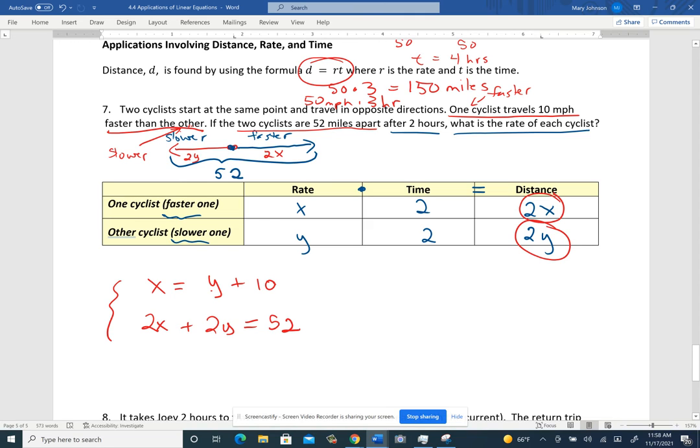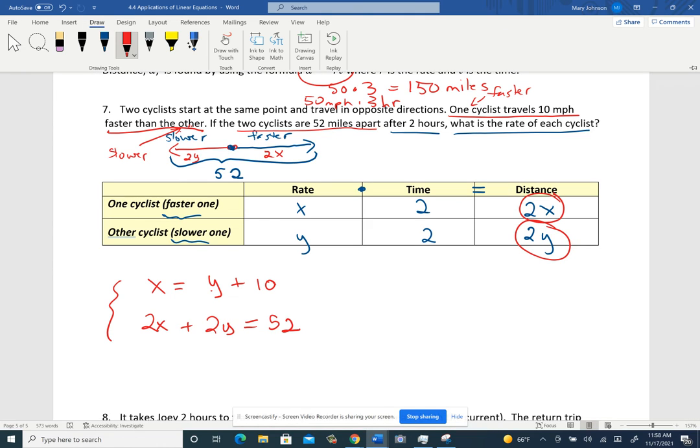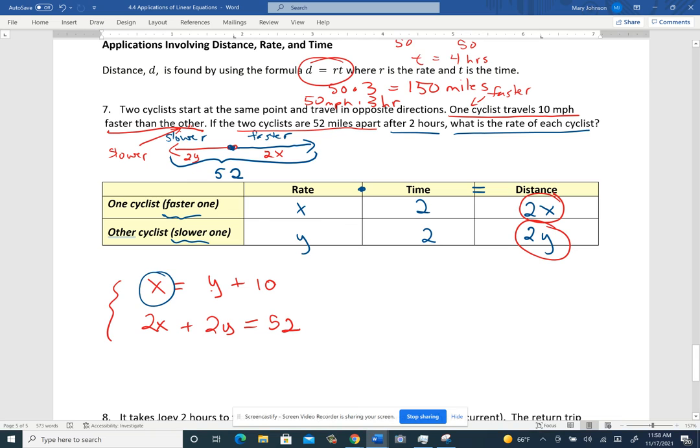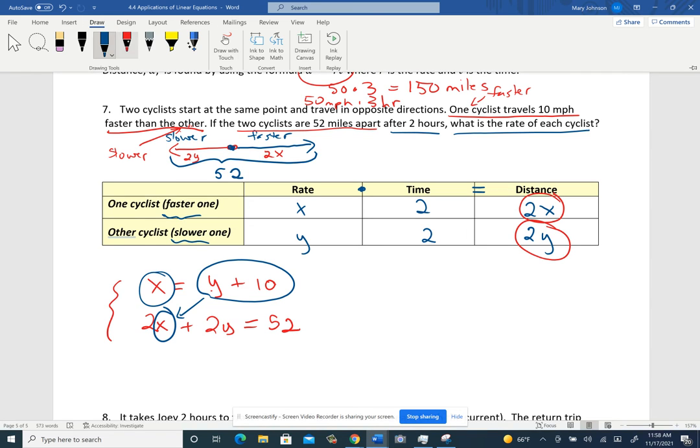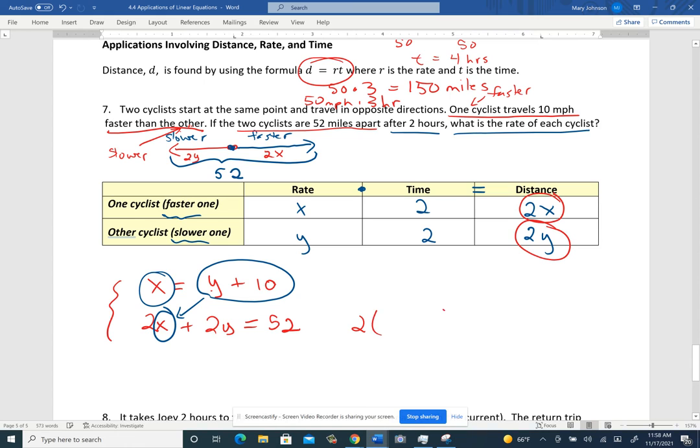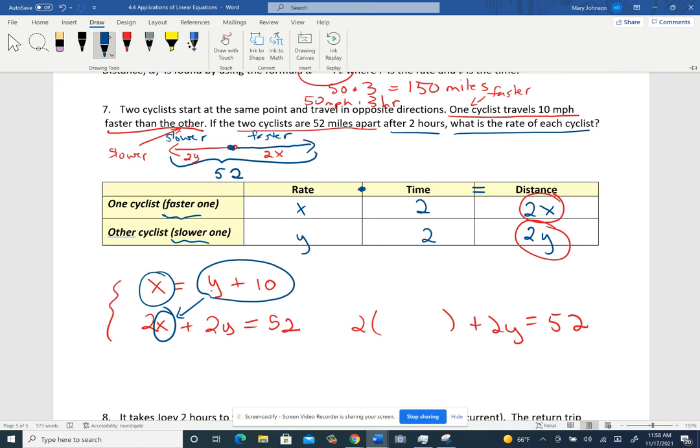This one looks like a good substitution problem because of the x being by itself. So I'm just going to substitute y plus 10 for the x in the second equation. So 2, and right there I'm going to put that y plus 10 that I found. Goes right there.